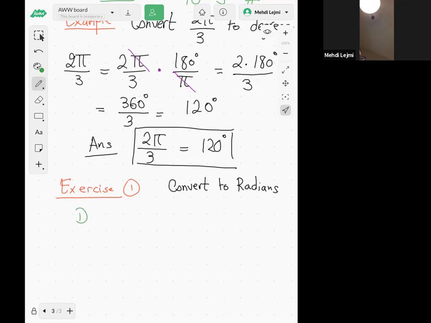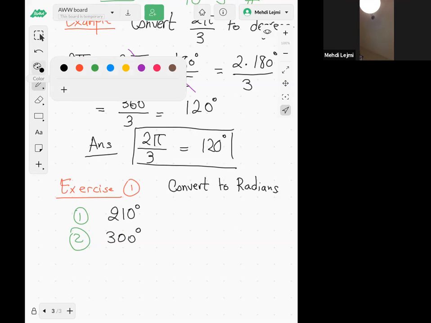So let's say number one, number two. For number one, we have 210 degrees, and let's say 300 degrees. Please try to convert these to radians.